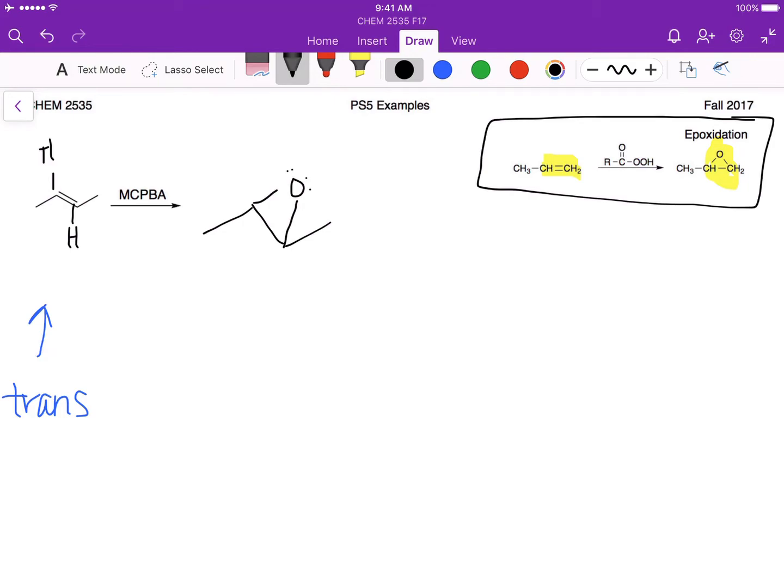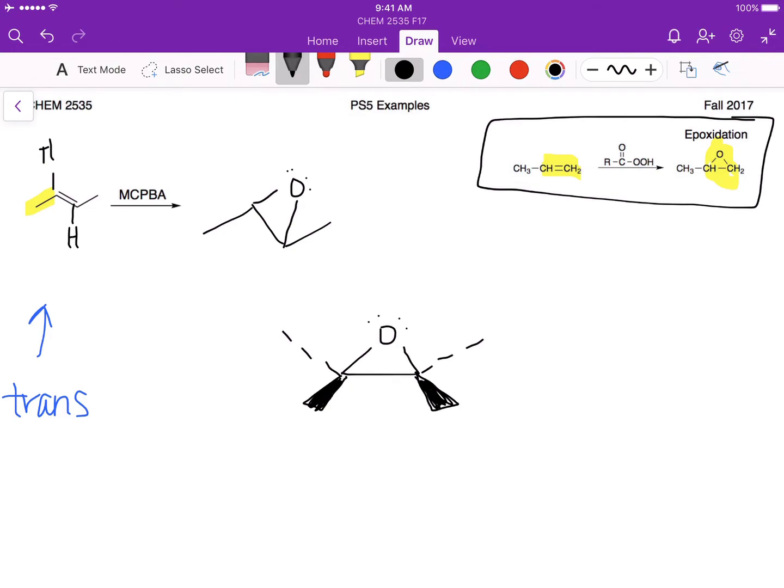Now this is how I prefer to ask. If we focus on what's going on over here on the left, we can ask, what is pointing down at us and coming out of the plane? Well, that looks like a methyl group. Okay, so let me first draw the ring. So we're going to have two things that are coming out of the plane at us, two things going behind the plane.